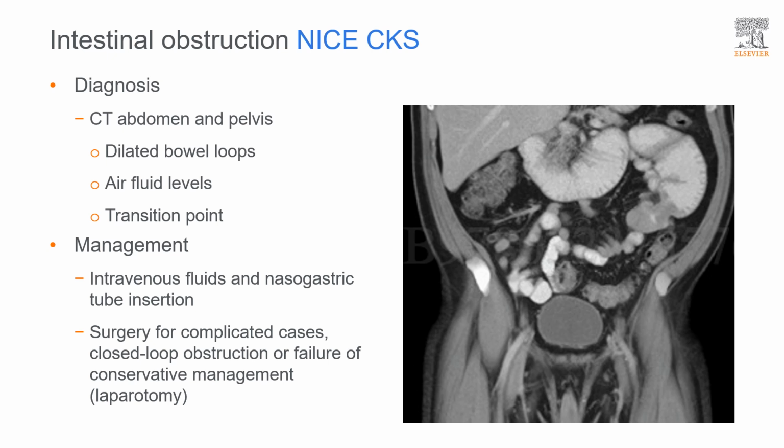Indications for surgery include evidence of complications such as ischemia, perforation, or closed loop obstructions, which typically occur with a mass distal to the ileocecal valve, or if patients have refractory hemodynamic instability or underlying etiological necessities for surgical intervention, including hernias.